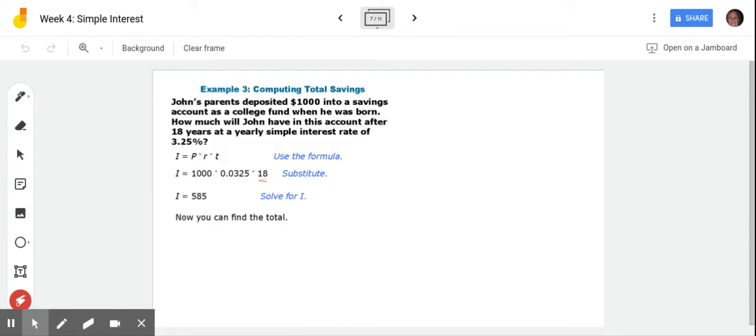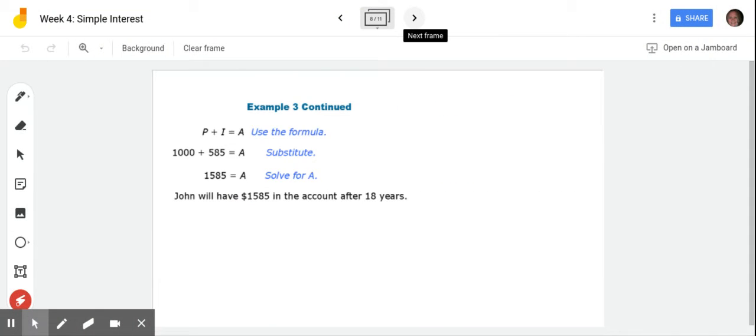Our time is 18. When we multiply those 3 numbers together, we get 585. So now that's not the total, that's just the interest that he got. To find the total, we take the principal, which was $1,000, and the interest that we calculated, which was $585, and we add them together. So after 18 years, he has $1,585 in his account.